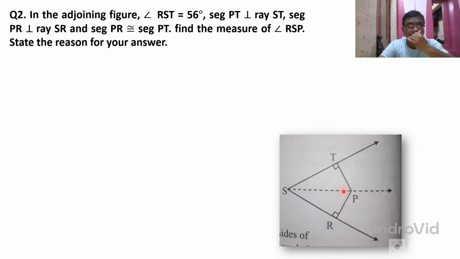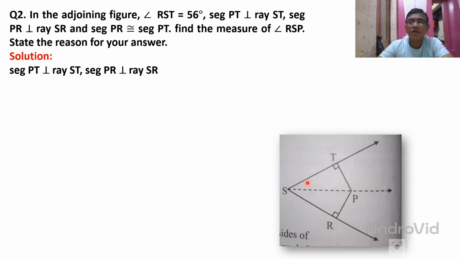PT is perpendicular on ST and PR is perpendicular on SR, and PR and PT are equal. So by the converse, SP is the angle bisector. So RST is divided into two equal parts, 28 and 28. So that can be shown.